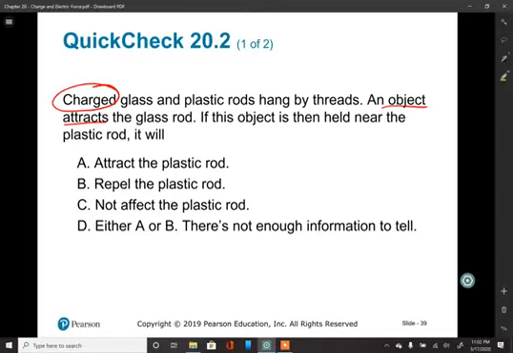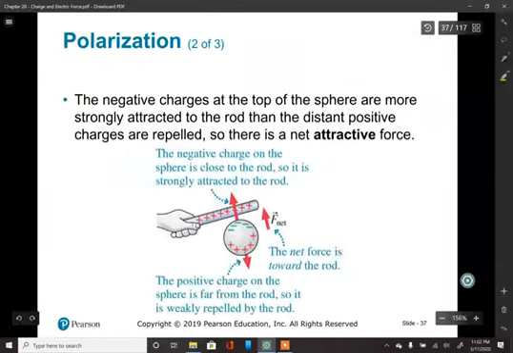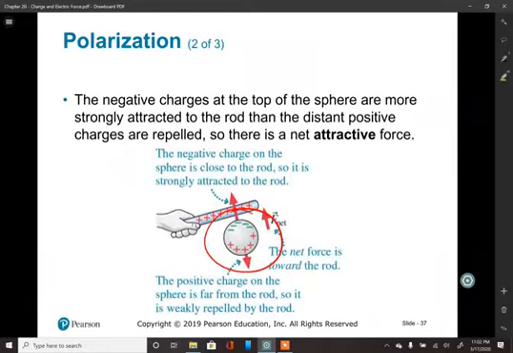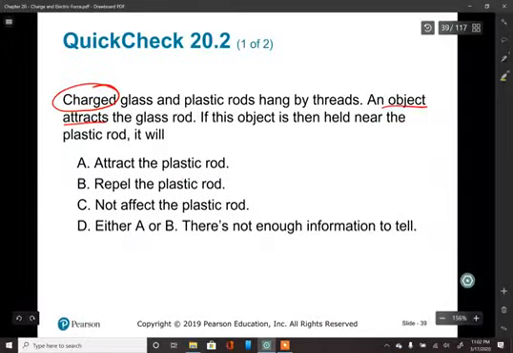That goes back to electrostatic polarization. This is an object that has no net charge, but the charge is unevenly distributed. It's polarized. So it's possible that your object could be neutral, no net charge, and still attract it. We don't know what it'll do to the plastic rod. It might repel it if it's the same charge, but it might attract it if it's neutral. So it's got to be D.